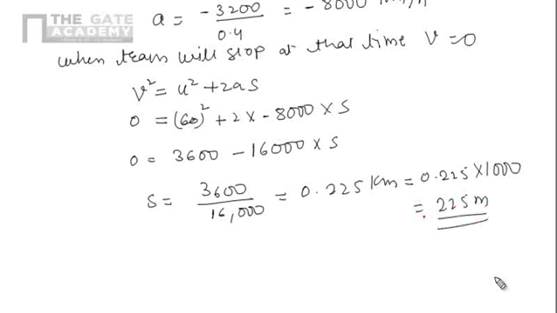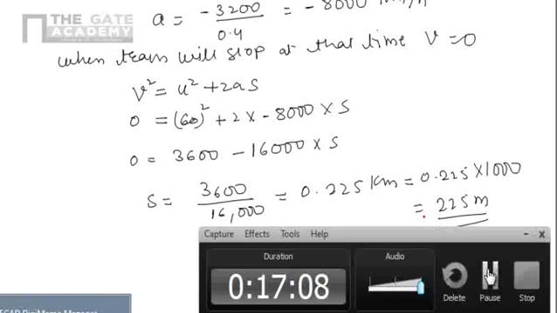So the correct answer for the first part, how much further the train will run before coming to rest, that is 225 meter. So 225 meter is the total distance traveled before stopping.